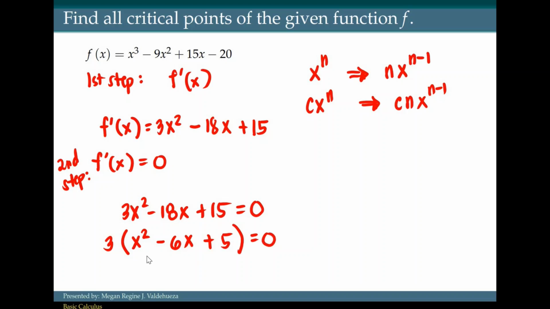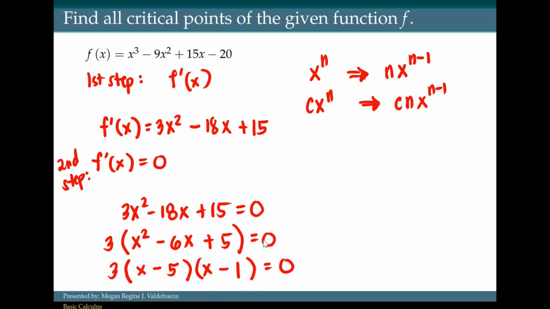So we have an easier polynomial to factor. So we have 3 times x and x here equal to 0. So what are the factors of 5 that if we sum this up, this will give us negative 6? So we have negative 5, negative 1. Negative 5 times negative 1, that will give us positive 5. And negative 5 plus negative 1, that will give us negative 6.